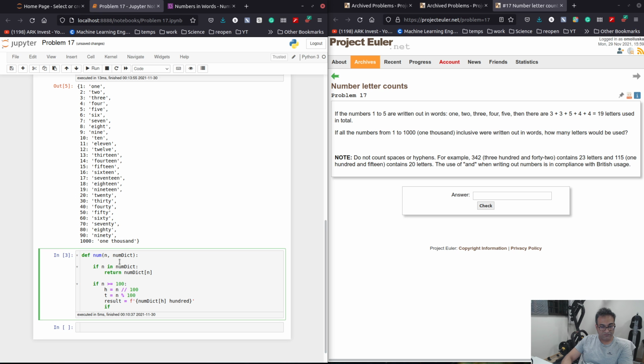If t is equal to 0, it's exactly 100, then you should say numdict. It's already there. You should say numdict, and numdict is for efficiency.